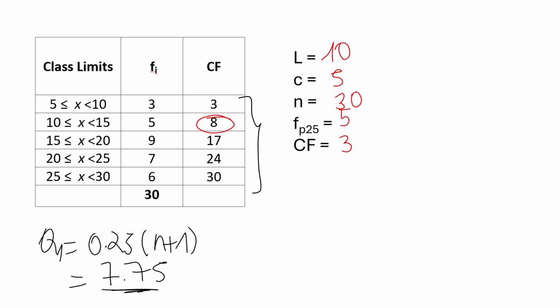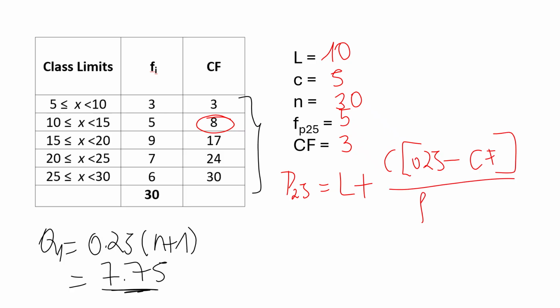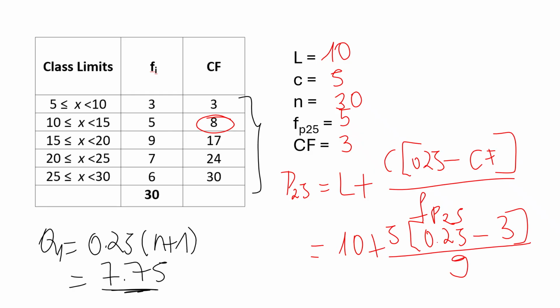which is P25 equals L plus C times (0.25 N minus CF), all divided by the frequency of the 25th percentile, which gives us 10 plus 5 times (0.25 times 30 minus CF, which is 3), all divided by 9.